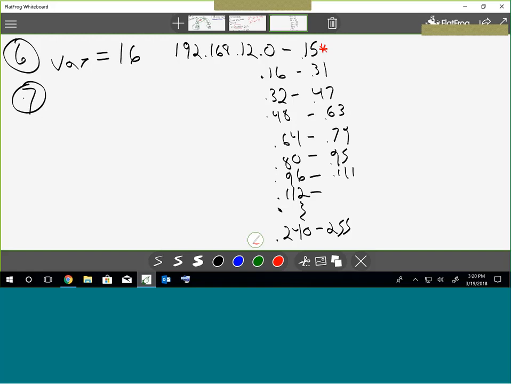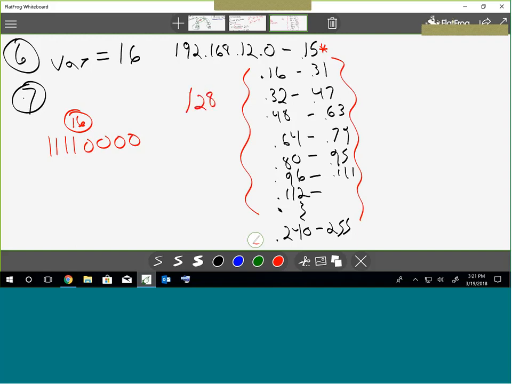Now, we borrowed 4 bits, so I want to do this for you real quick. 1, 2, 3, 4, 5, 6, 7, 8. So we know the variable is 16 when we borrow 4 bits. All of these are subnets using 4 bits being borrowed. So these would be what we call a /28 also.